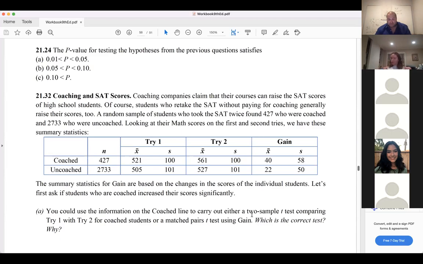Cynthia, does that make sense? Yeah, I messed up on the alternative. I put not equal to, but it was greater than.